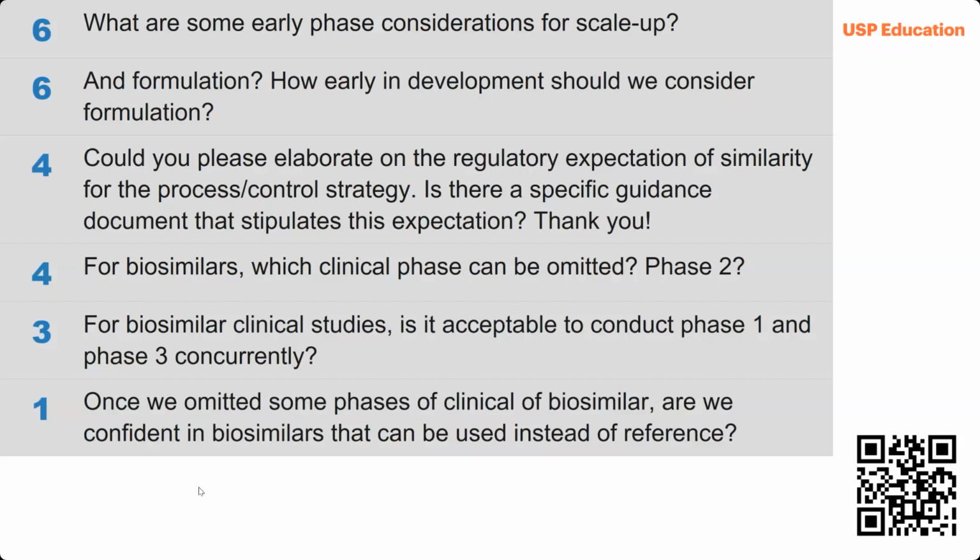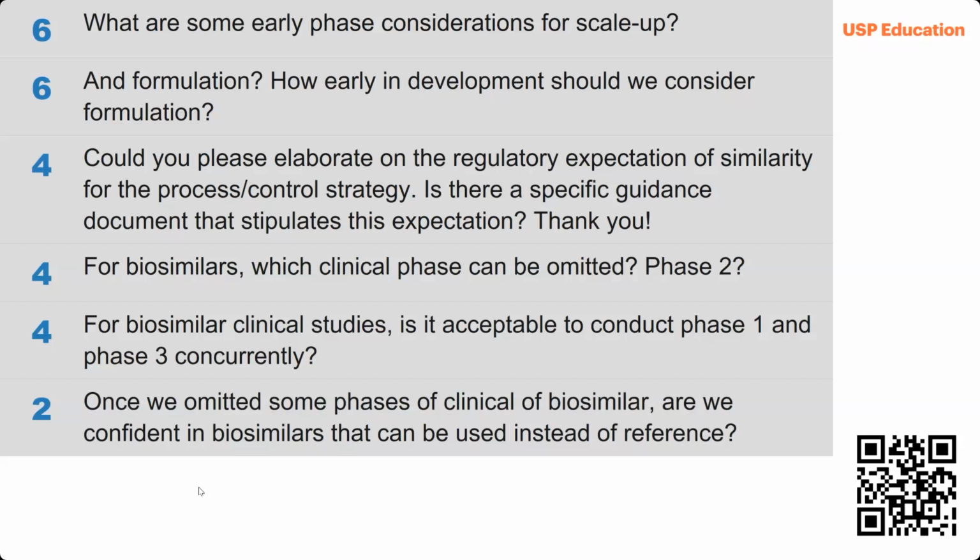So, the regulatory expectation of similarity for the process and control strategy. I'm not aware of a specific guidance, but we can certainly look into that for you. At the end of the day, your process and control strategy just needs to be able to produce a product that meets all your final release specifications.